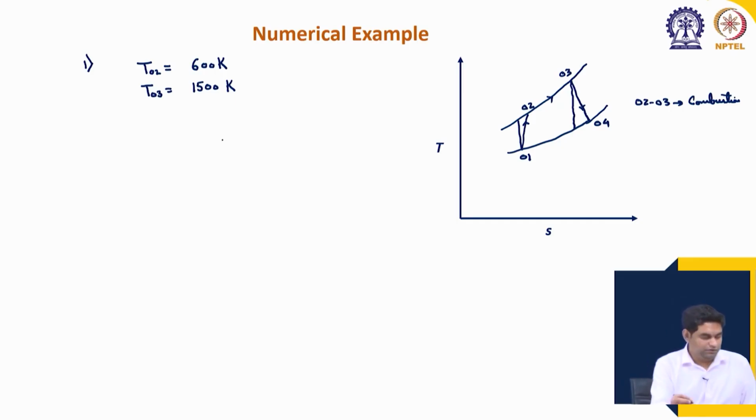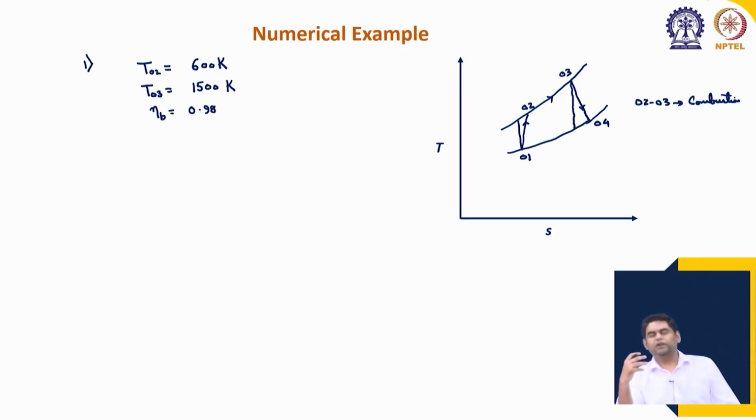Anyway, the combustion efficiency is known to be around 0.98. Typically, combustion efficiencies are very high for gas turbines, of the order of 98 to 99%, unlike reciprocating engines. Reciprocating engines have significantly lower combustion efficiency, because there the chances of incomplete combustion are much higher.